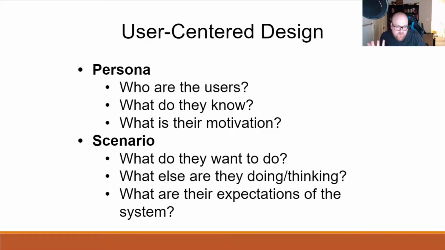A perfect example of where persona was not considered and scenario was not considered is, if you remember in 2020, the Democratic primary in Iowa took a very long time to finalize its results. There were a lot of areas that had significant trouble counting. Why is this? Well, a lot of the voting software had been redone, and one of the things that you should take into account is that the average poll worker is significantly older than the average American.